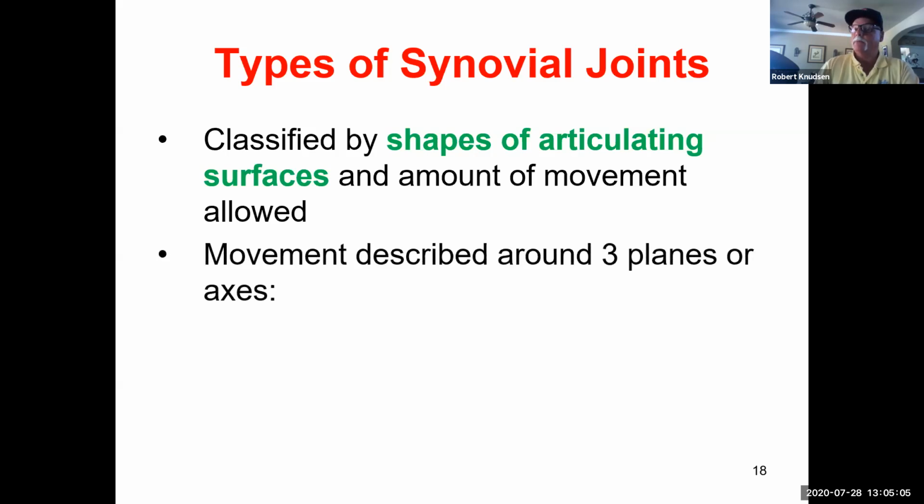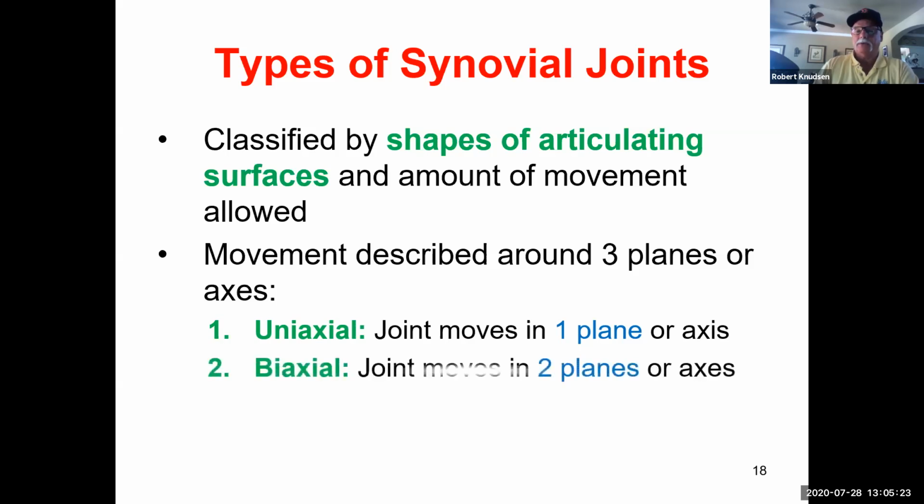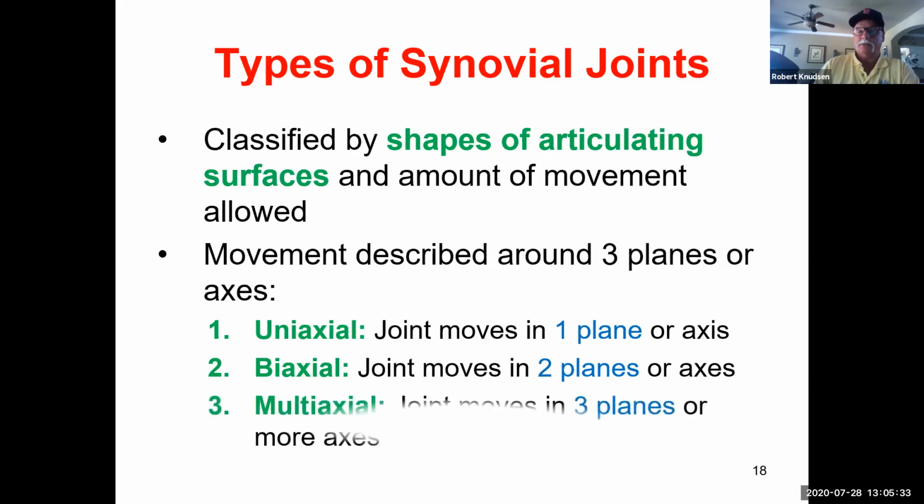3 planes. Remember what a plane was? Like a piece of paper is a plane. There are 3 planes of movement. If it only moves one way, it's called uniaxial. If it moves 2 ways, it is called biaxial. If it moves in 3 or more, it's called multiaxial.